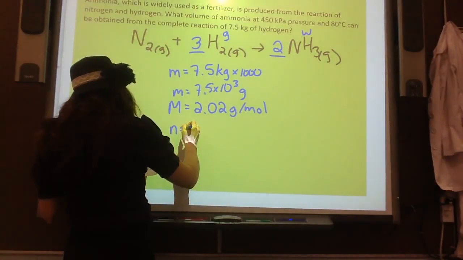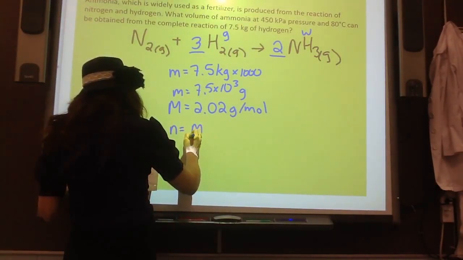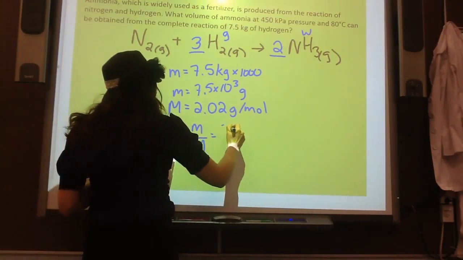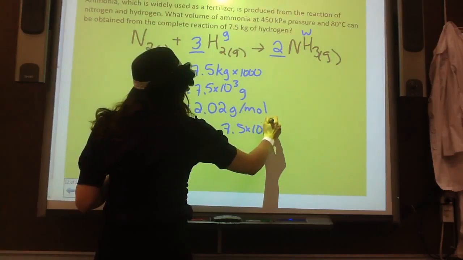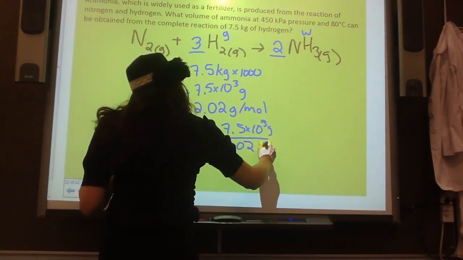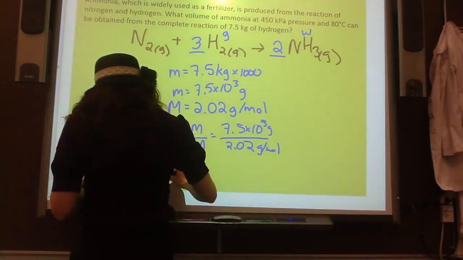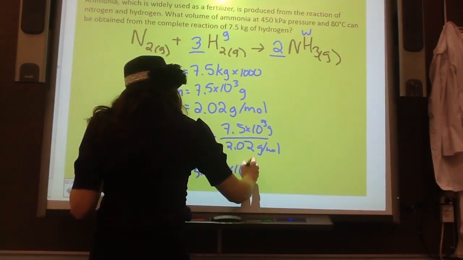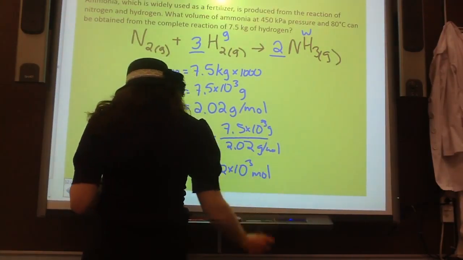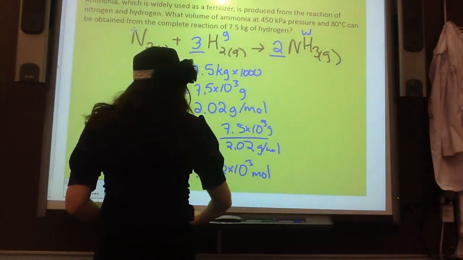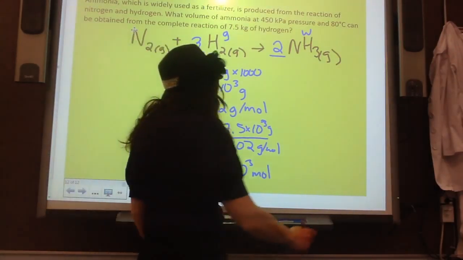So our N is equal to mass divided by molar mass. 7.5 times 10 to the positive 3 divided by 2.02. So N is 3.712 times 10 to the positive 3 moles. So now we can do our molar ratio.